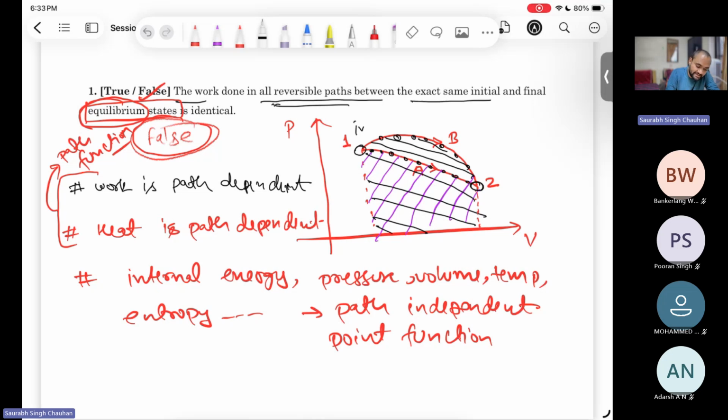One is our initial and two is our final. There can be several reversible paths, and it is saying that along all the reversible paths the work done will be the same. This is not correct, because you can connect these two points using many different ways, many reversible paths, and along each different path, work and heat interactions can be different.